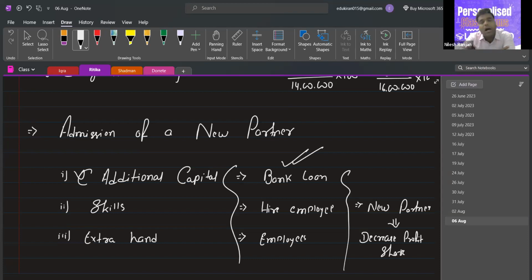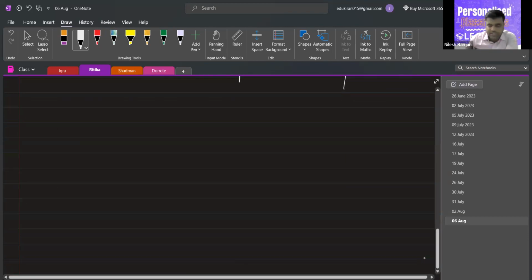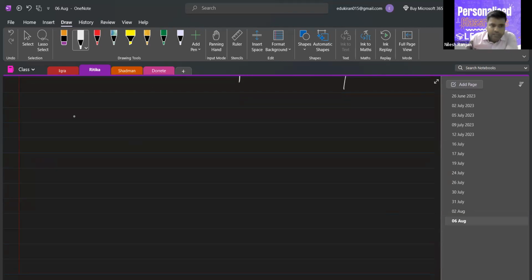Now, can you tell me how it increases our risk? Actually, the reason that it increases our risk is, like in COVID times, there were many businesses which were shut down.